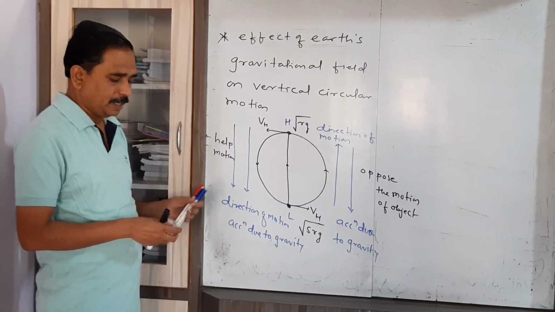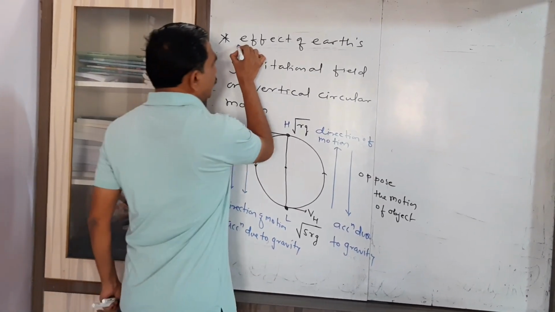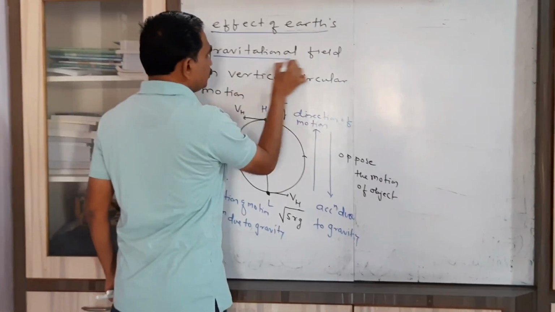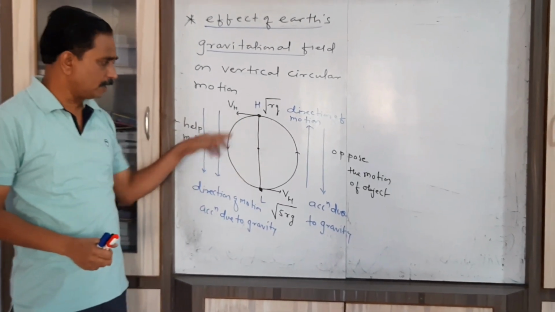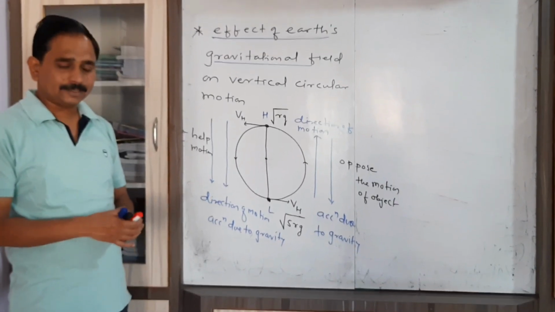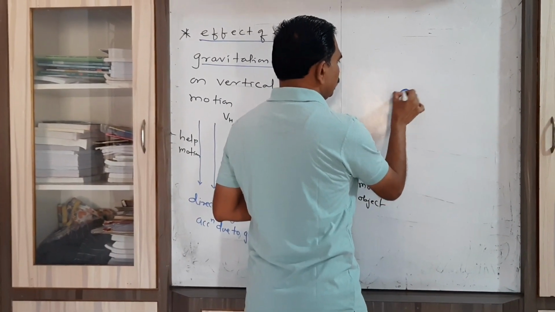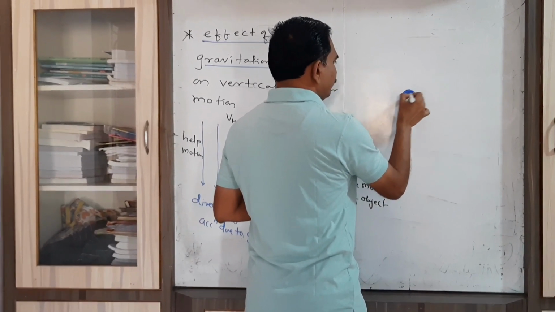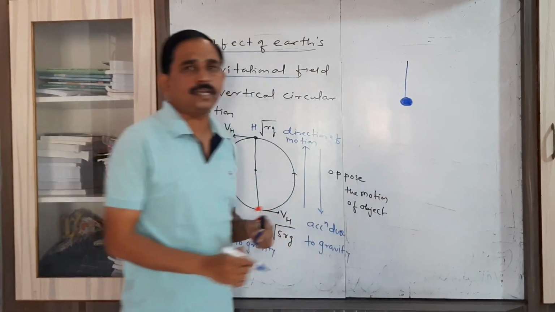Now here we have to consider that point under the head of the effect of Earth's gravitational field. How does the gravity control the vertical circular motion of that object? So for that, let us consider one object and let us tie that object with the help of a string.